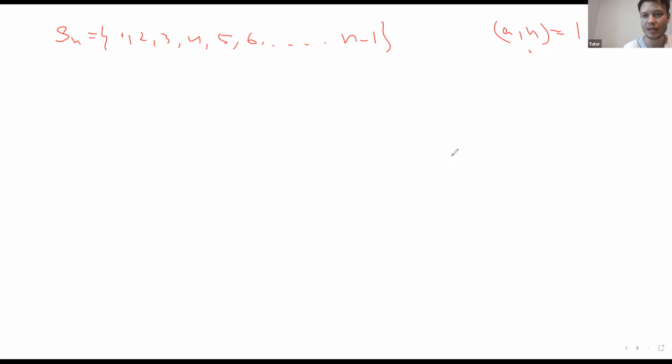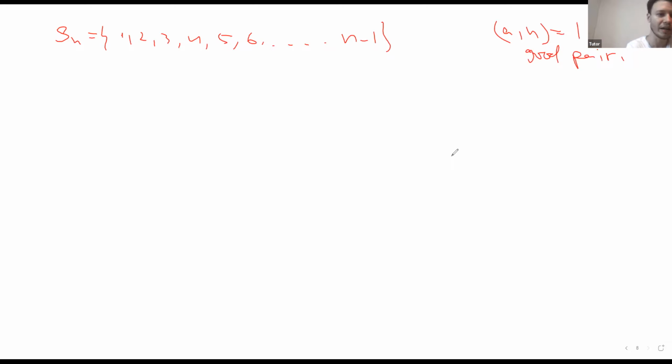Let's say I look at the set Sn, which is 1, 2, 3, 4, 5, 6, all the way until n minus 1. Remember that I need to take A and n to be a good pair. If they're not a good pair, then none of this would work.